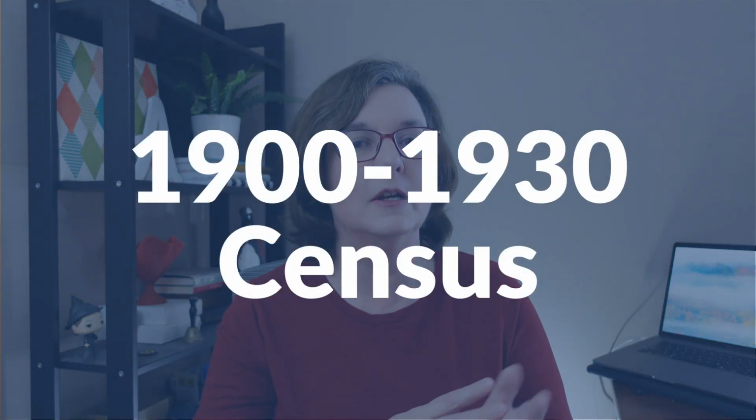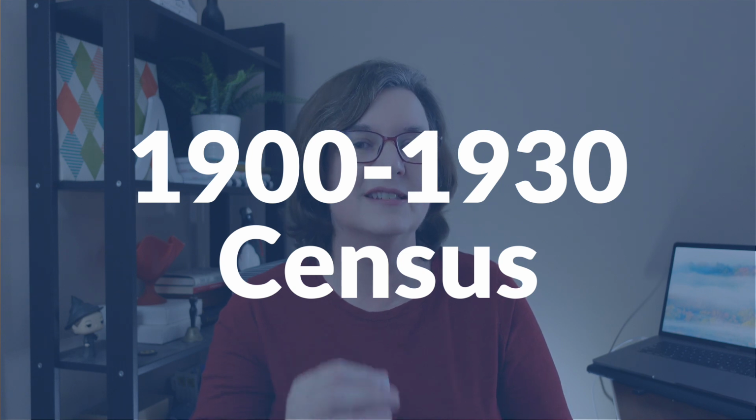In the 1900 through 1930 censuses, there are questions about naturalization status, and the answers are given in code. AL stands for alien, and it means someone who was foreign-born but had not started the naturalization process.